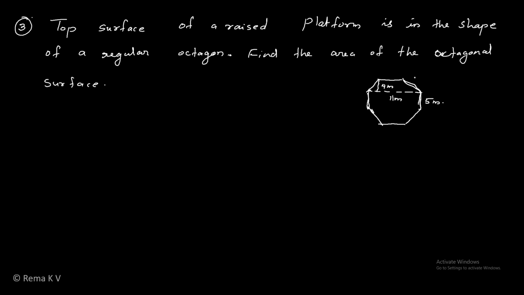See here, we can divide this octagon into 3 parts. First one is here. This is in the shape of a trapezium, isn't it? This first part is a trapezium. This is a rectangle and this is also a trapezium. Is it clear?